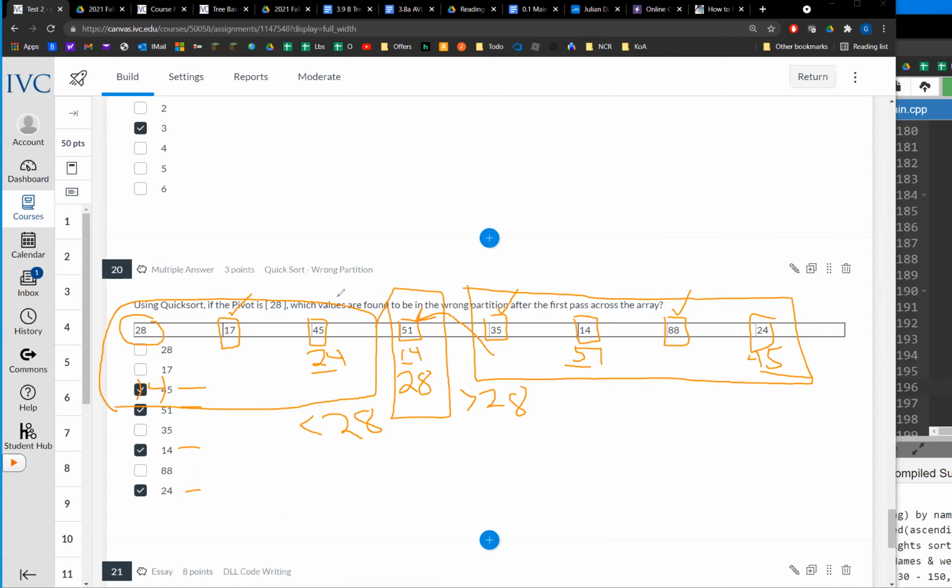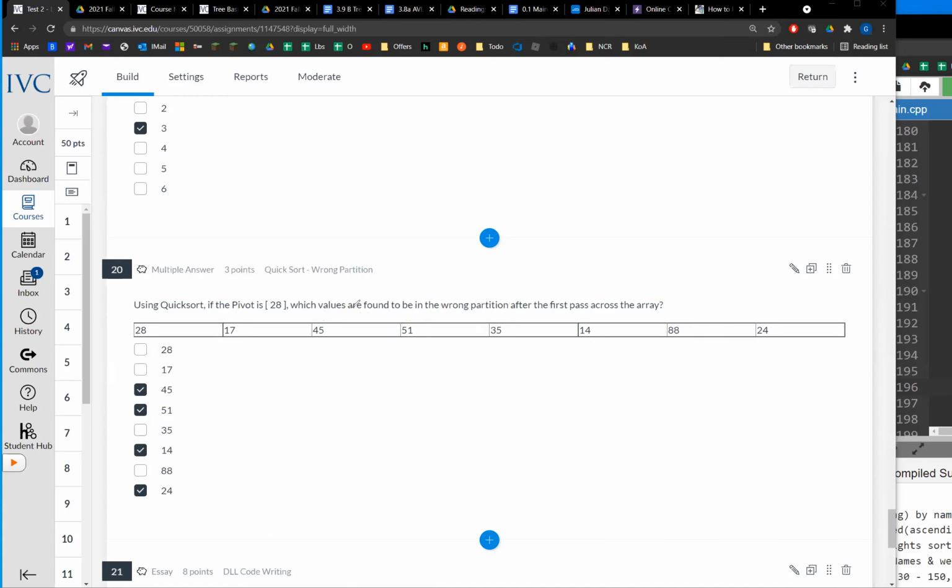Yeah, those are the values that were found in the wrong partition. Or in other words, they had to be swapped. Yeah, values are on the wrong, underlining, wrong partition. Those are the ones that get swapped.